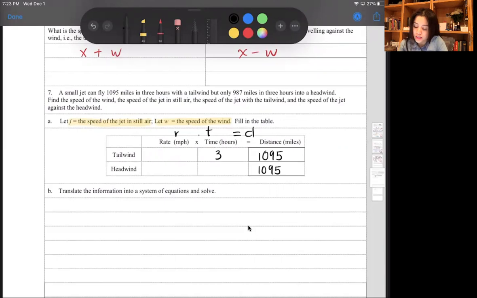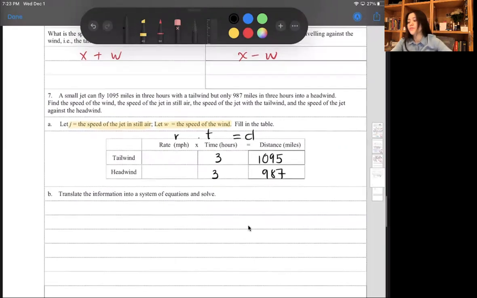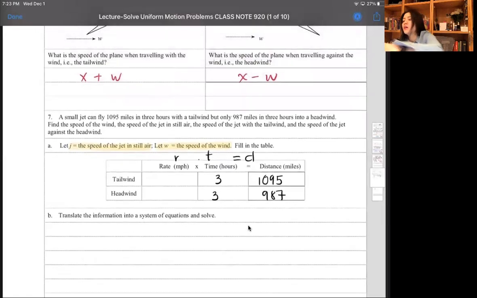In the tailwind, the distance is 1,095 miles. In the headwind, it is 987. So sorry about that. And the time is 3 hours. The rate for the tailwind, going with the wind, we're going to do addition, so it's going to be J plus W, and for the headwind, going against the wind, it's going to be J minus W.